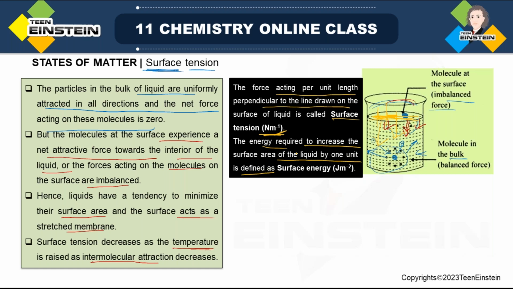How much energy per unit area? Area is meter square in SI, so the energy required per meter square, in joule, is joule per meter square.